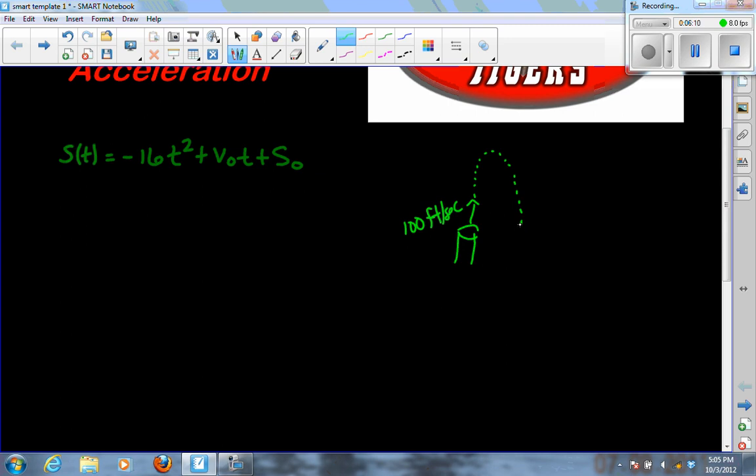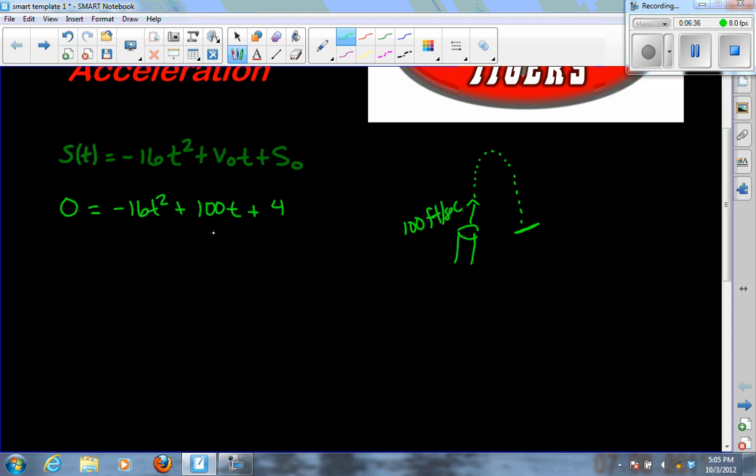All I would have to do is say, I'll come up here to my position function, negative 16t squared plus my initial velocity, which is 100, times t, plus my initial position. Well, if you measured how high the t-shirt is when it leaves the cannon, we'll say that's about 4 feet. And I want to set that position equal to 0 because that's when the t-shirt lands on the ground again.